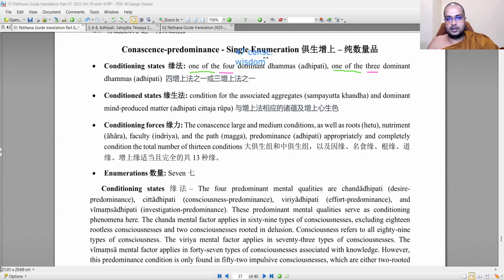To be more specific, it's applicable for the consciousness associated with wisdom. And the one of the three dominant dhammas is applicable for the unwholesome consciousness, the 10 types of unwholesome mind moments, where wisdom is not there. So out of the three, only that one will be the dominant dhamma.